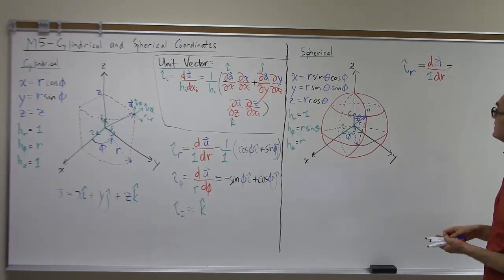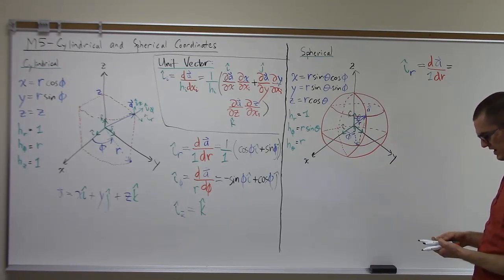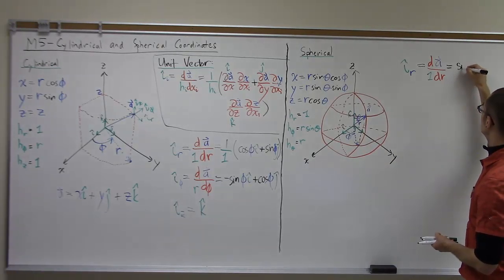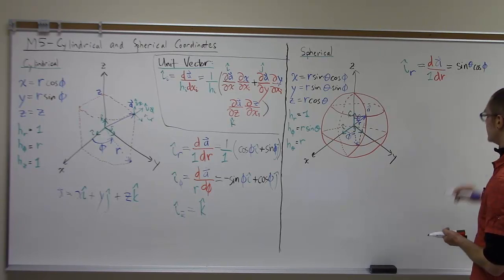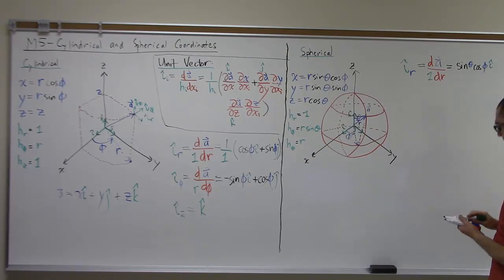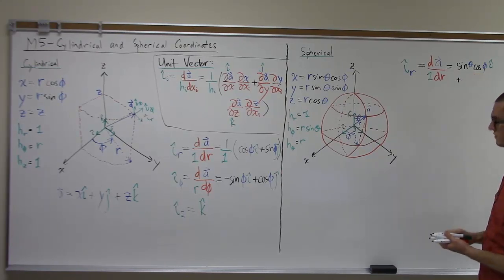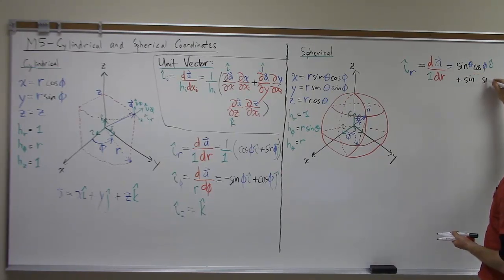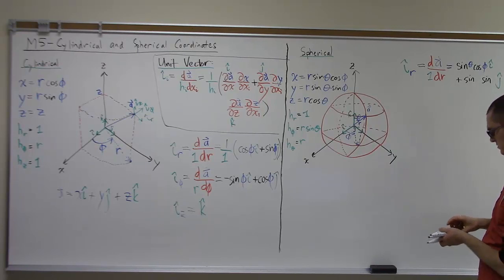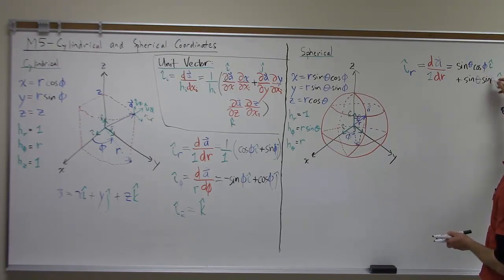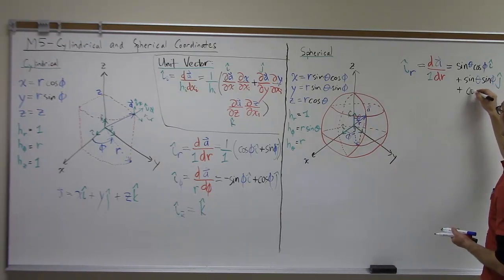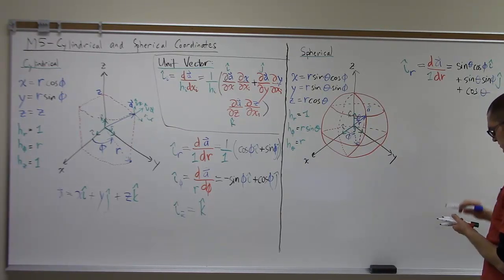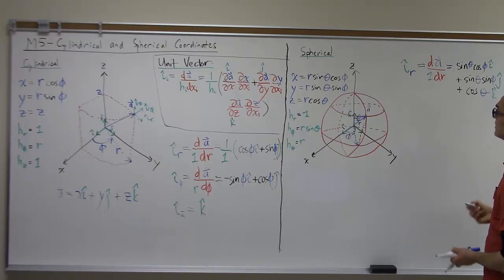So if I take dA by dr, for each of them I'm going to have sine theta cos phi times i plus sine theta sine phi times j, and then in the z direction I'm going to have just cos theta times k. So that's in the r direction.